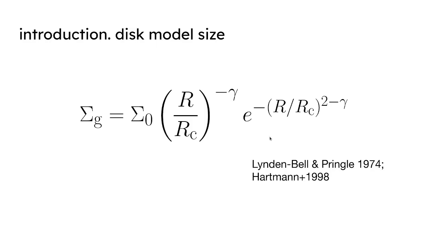It's a result applicable not only to protoplanetary disks, it's true for any viscous accreting disks. In the Lynden-Bell paper they consider a wide range of applications. In Hartmann they consider it applied only to protoplanetary disks.